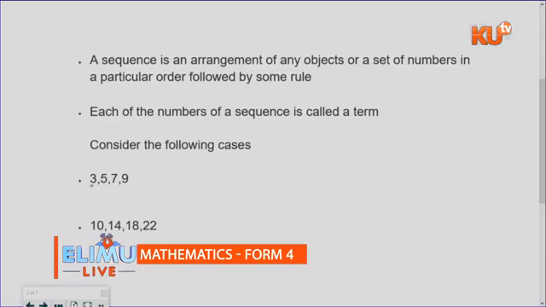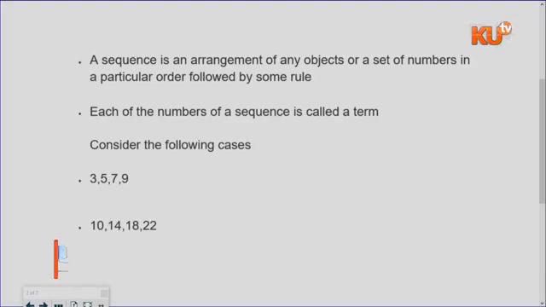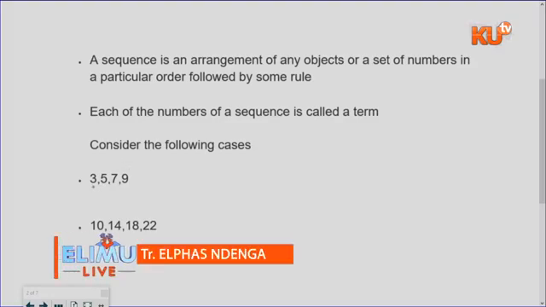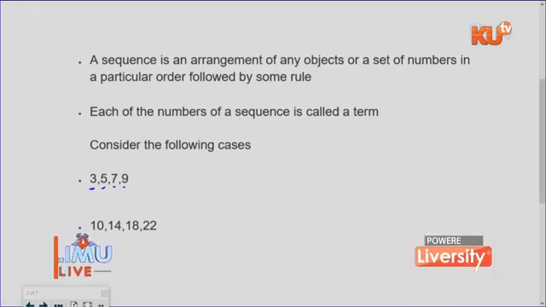In our first case, we have the first term, which is 3, and then we have 5 as the second number, 7 as the third number, and 9 as the fourth number. You can predict the next number by looking at the way these numbers have been arranged.